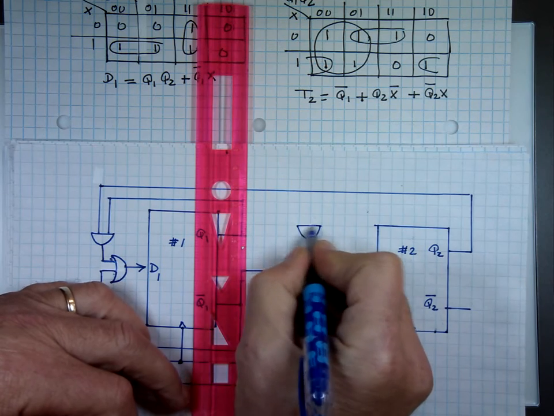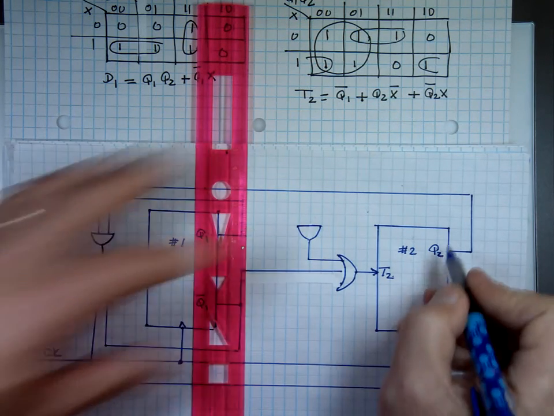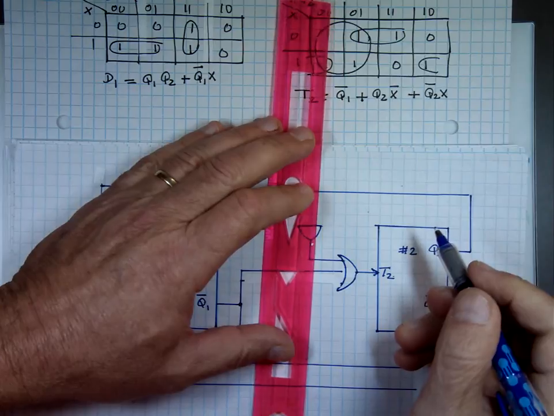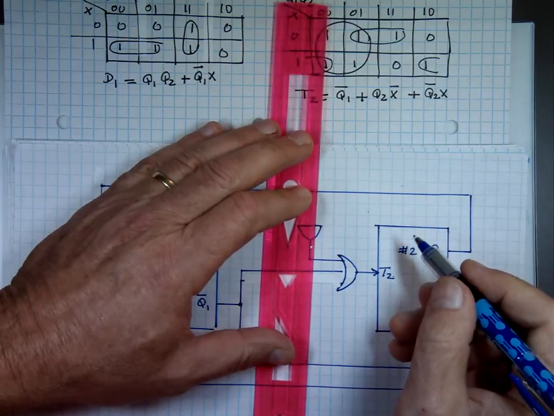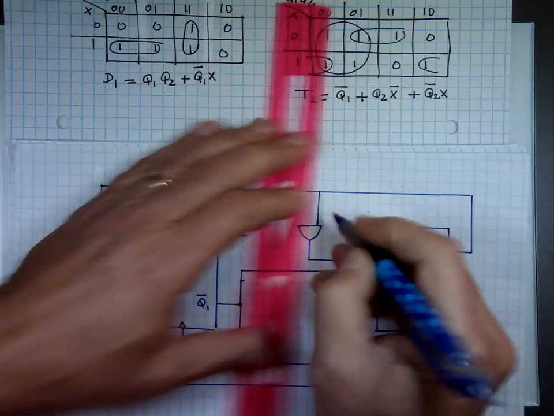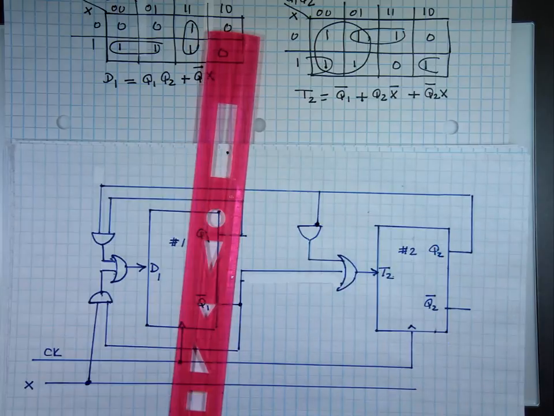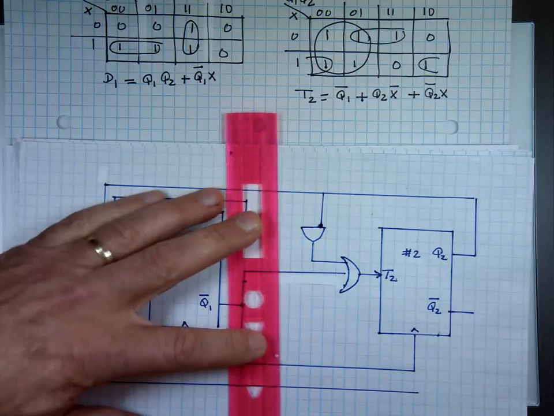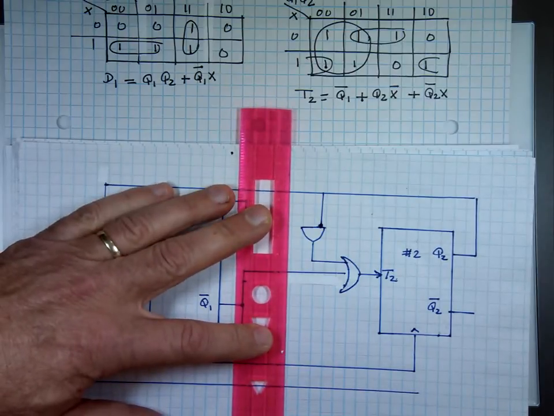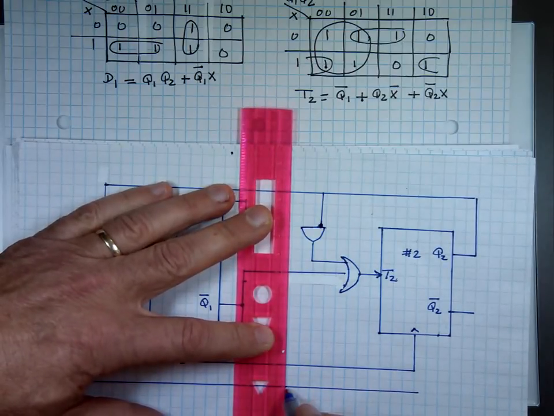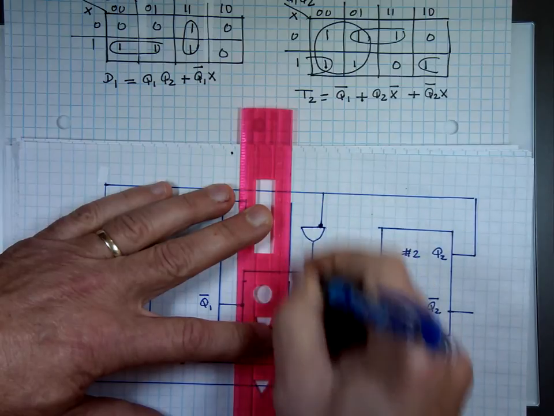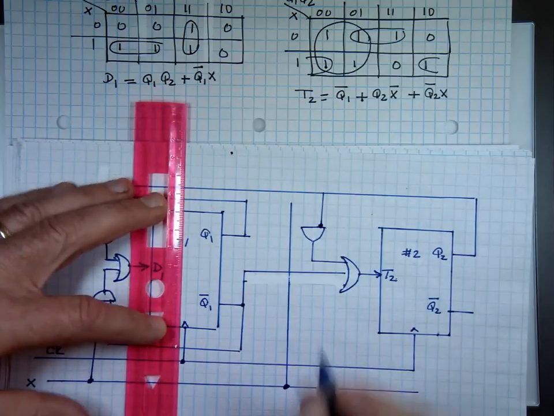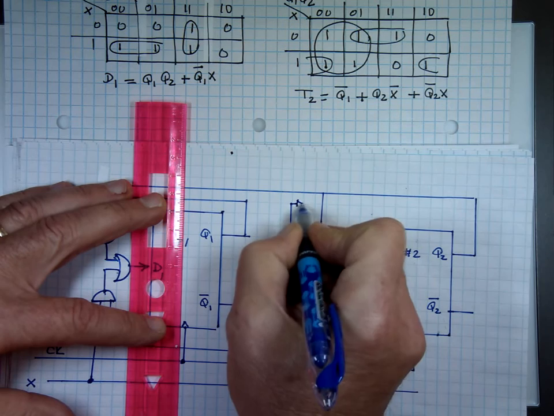And we say what's going to it? Q2 and X naught. Now X naught, I got to take it from here. There's the NOT gate.